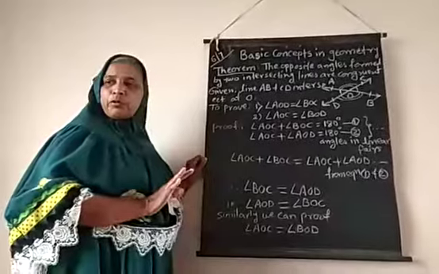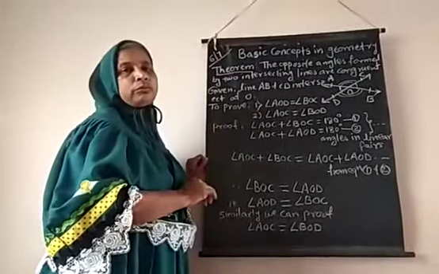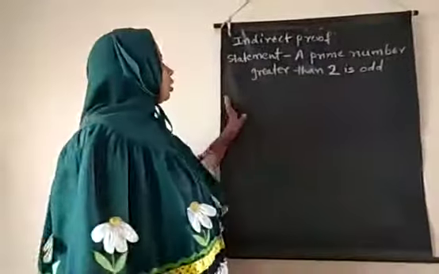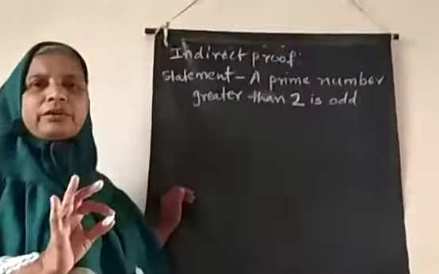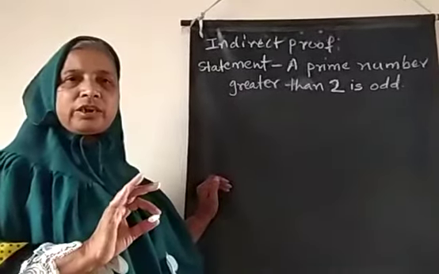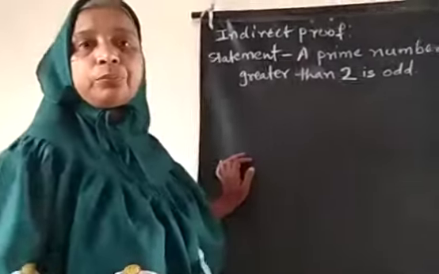The direct proof is where the converse is also true and the statement is also true. But now indirect proof: in indirect proof, the conditional statement and the converse are not both true.